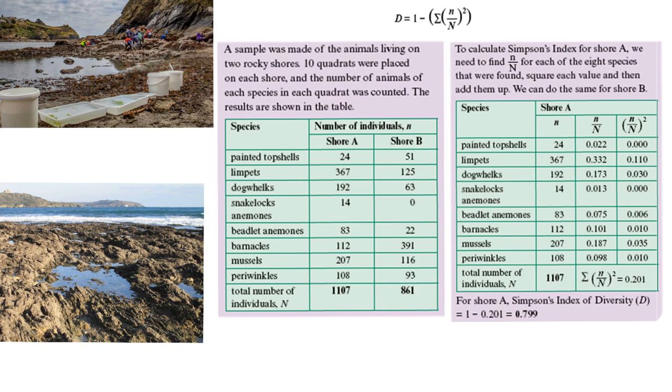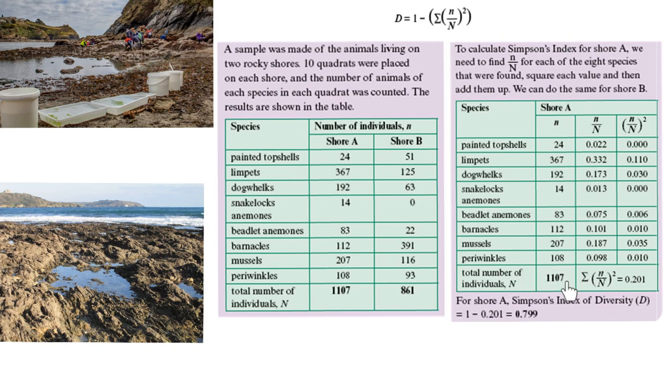Here's our second table, and you can see we've now got for shore A, just one table for shore A, species list down the side, the n number, so the individual number that we counted, so this is the same as this column here. And then what we do is we divide little n, number of individuals, by big N. And big N, as you can see here, is the total number of individuals.